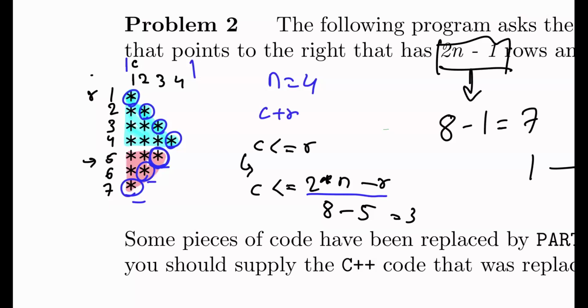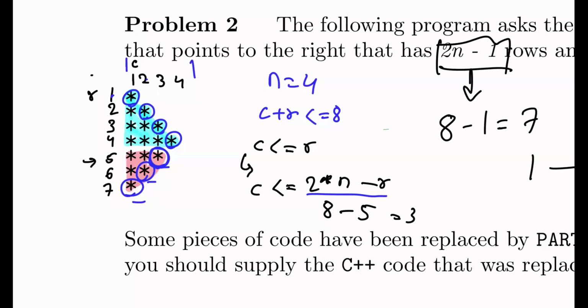C plus R is less than or equal to 8. C plus R is 2 plus 1, which is also less than 8, and then we don't want to print any star here.